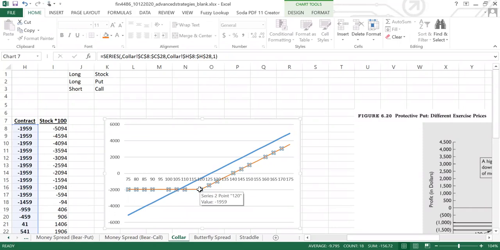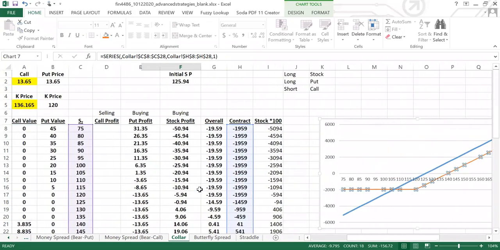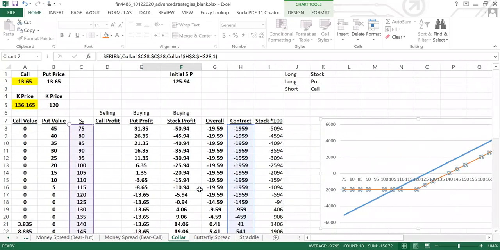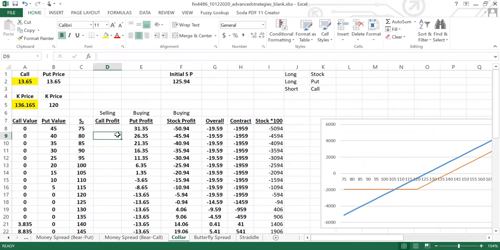Now let's assume you become a little bit greedy. And of course, if you add the put option, you're paying a premium so you can buy the put option and add it to your portfolio. So let's assume you decide, well, what happens if I write a call option? Writing a call option, selling a call option, gives you the possibility of collecting the premium. And let me sell a call option that has a premium that matches the premium of the put.